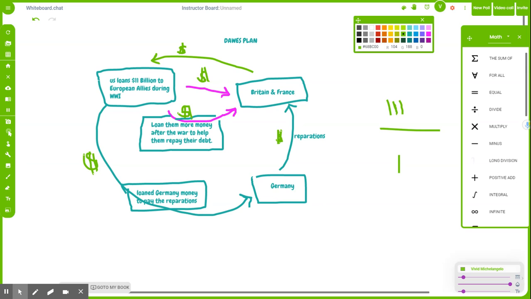So here's another piece of this plan. When nations like England and France fell deeper and deeper into debt, they began to default on their loans. So we imposed high taxes on them to punish them. When they couldn't pay the loans that they owed us, we then created policies here in the United States that would tax products coming from Britain or France or Germany or anyone else who owed us money.